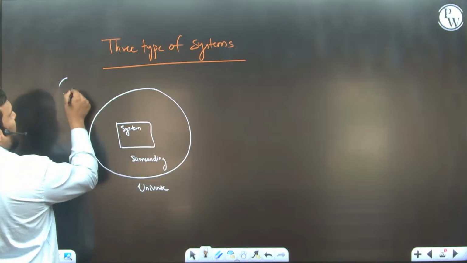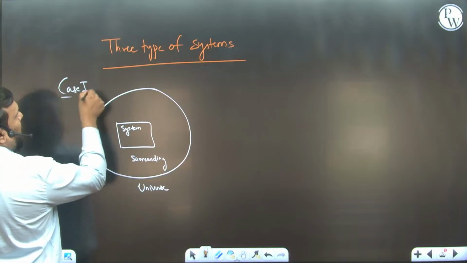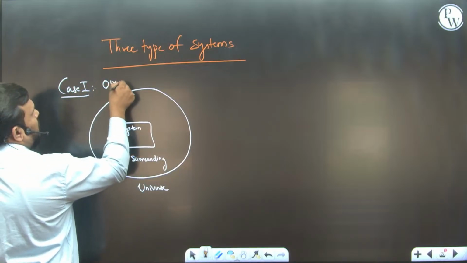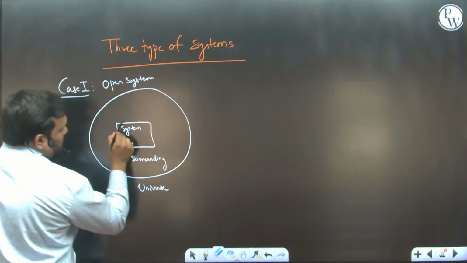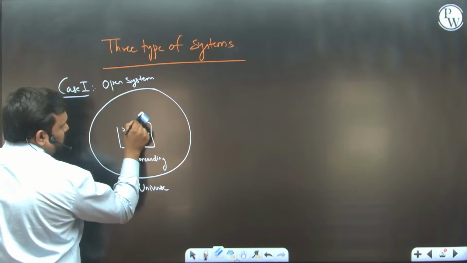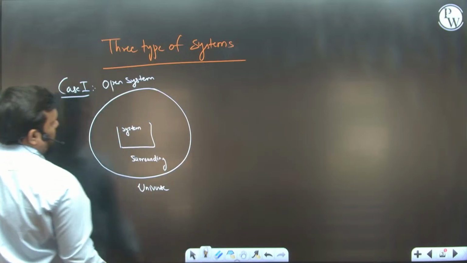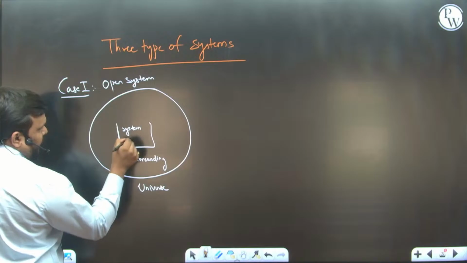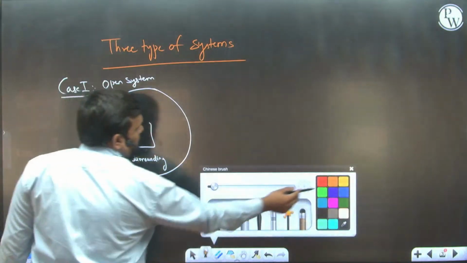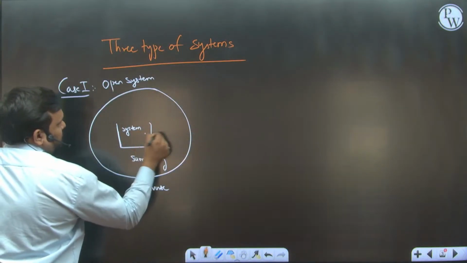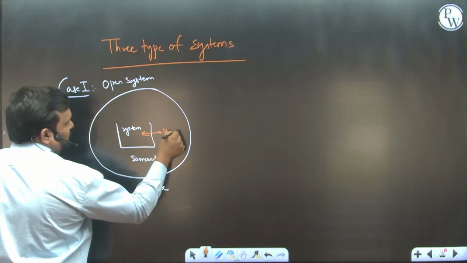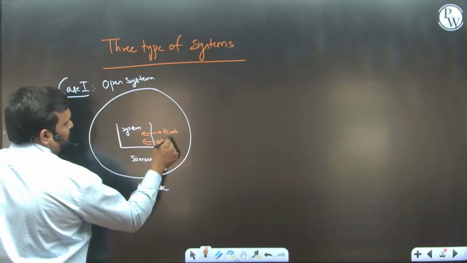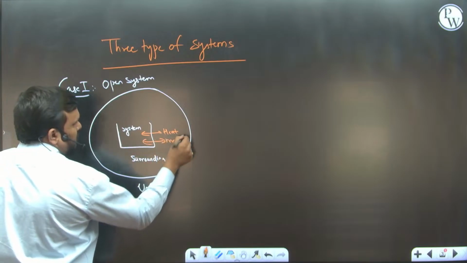So this is our case 1 where we are talking about open system. Open system will be having, suppose one of the wall is not there and we are having open system over here. So in this we can see there will be both heat exchange as well as matter exchange.